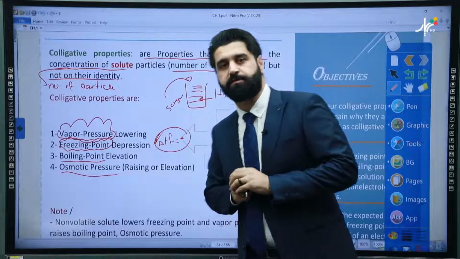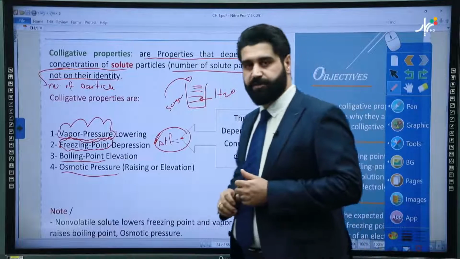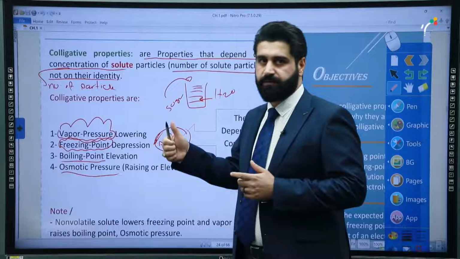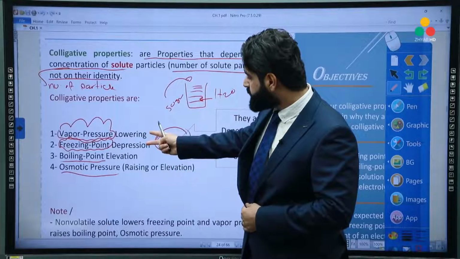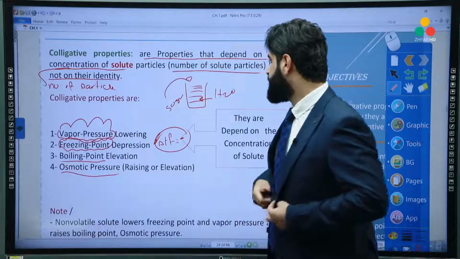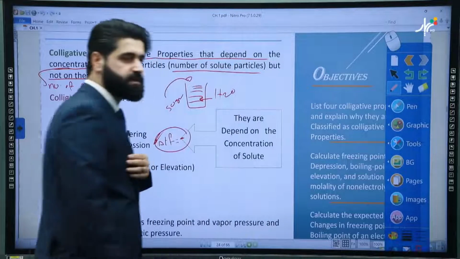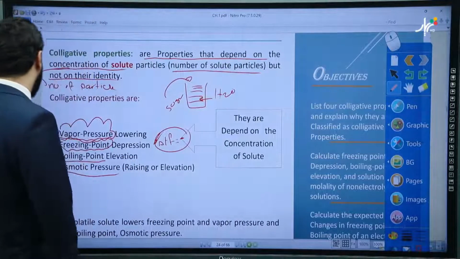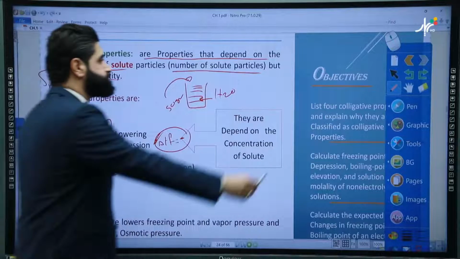So boiling point increases with adding a solute. Osmotic pressure, of course, will also increase. So two of them decrease and the other two increase by adding a small amount of solute into a pure solvent.